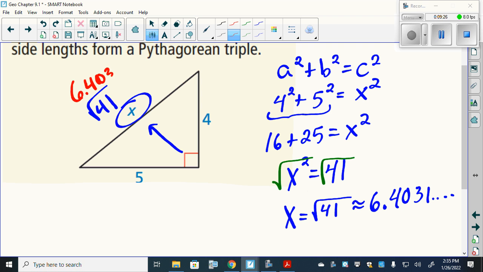What button was it? The button enter. Yep, that approximates. You're good.